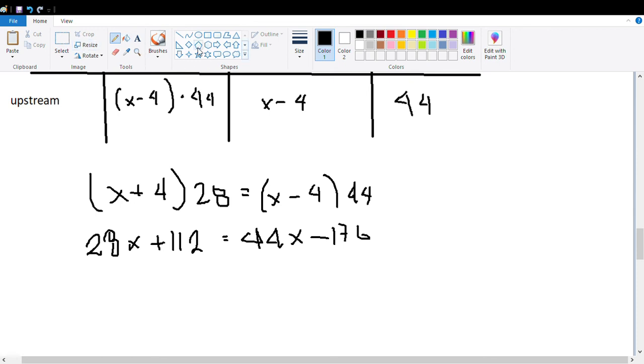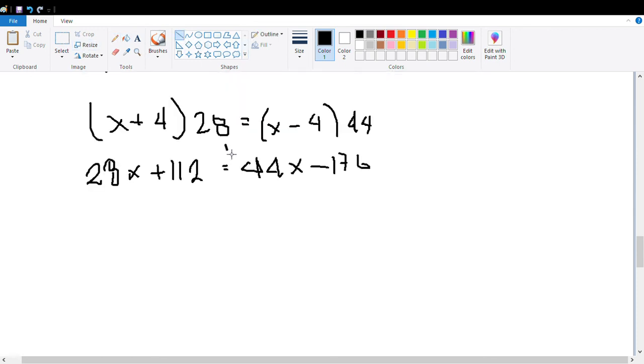Draw the line. Since we're solving, draw the line. If you want different colors, go ahead. Now what's the next step? Eliminate the smaller variable, in this case 28x, so subtract 28x on both sides.